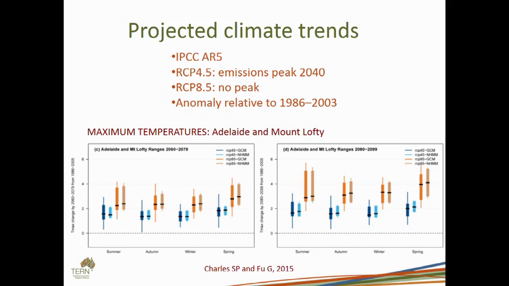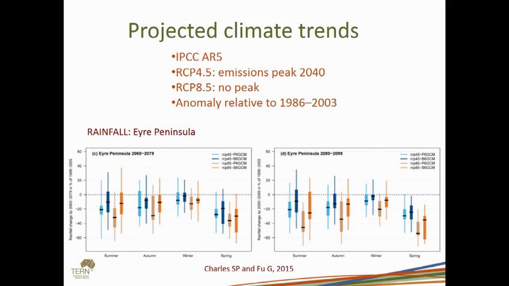Looking at spring temperatures particularly, by the end of the century, rising 2 to 4 degrees is the current projection. So that's going to be quite significant for plant physiology and ecology, as I'll show you with some examples. If we get those kind of changes, that's going to really drive some changes.